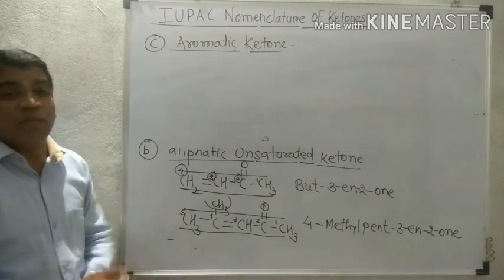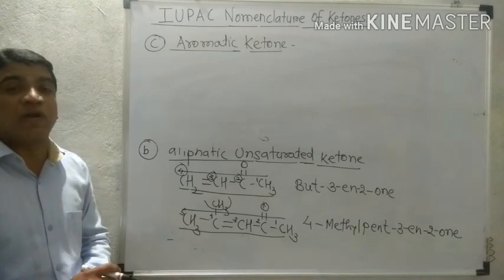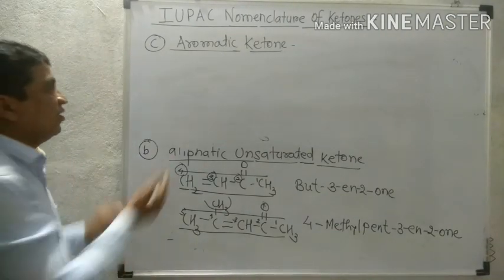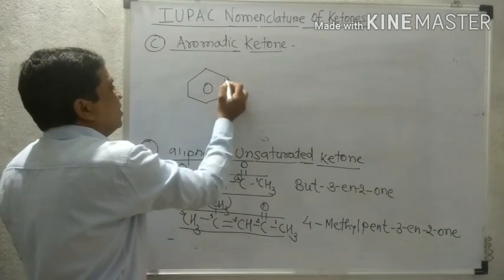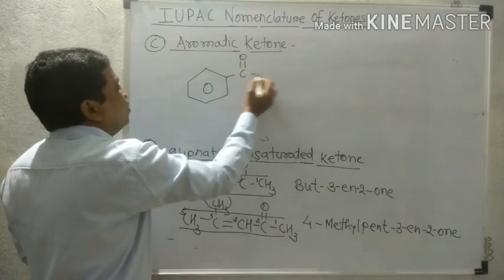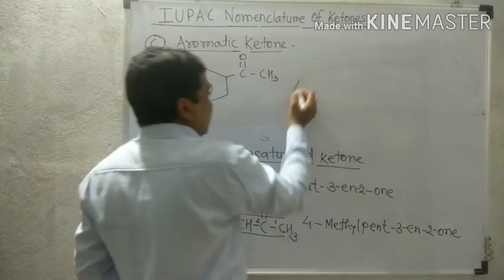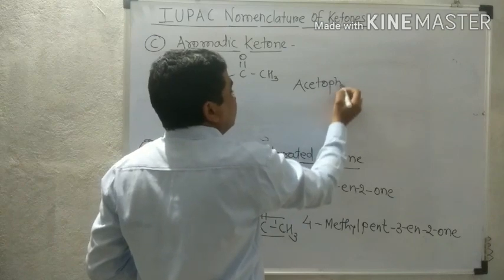Those ketones are called aromatic ketones. For example, the first example is benzene attached with C double bond O CH3. The popular name of the structure is acetophenone.